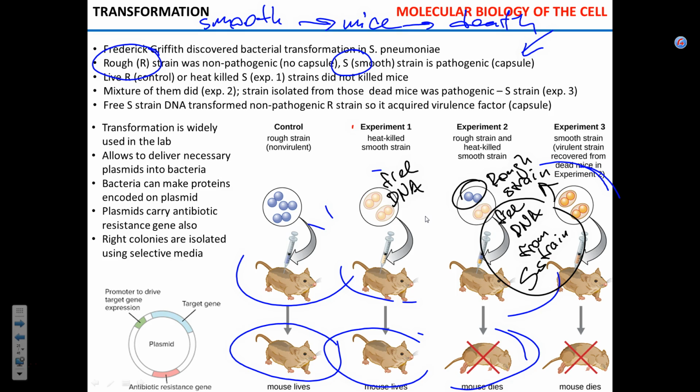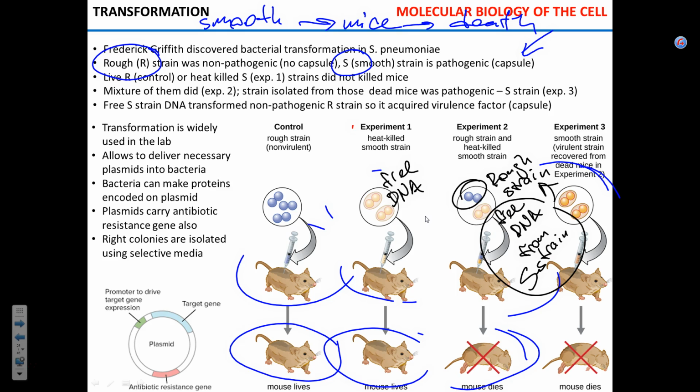Does that make sense? So that free DNA transforms the non-pathogenic strain into pathogenic. So during transformation, bacterial cells take in the free-floating DNA of other bacterial cells.